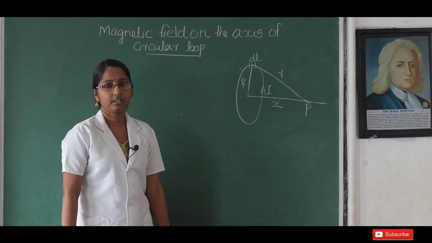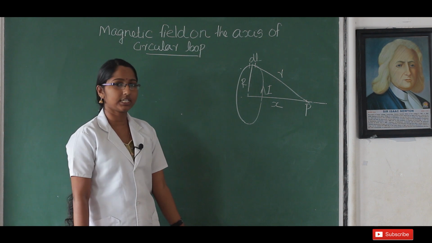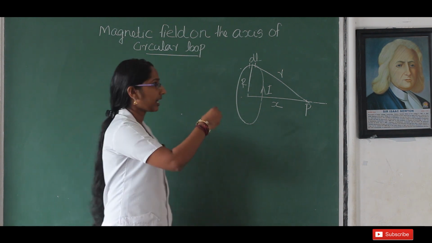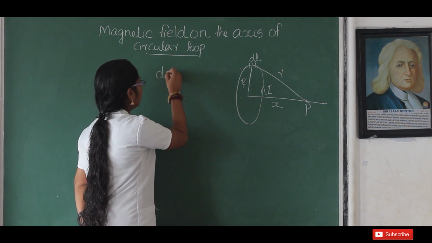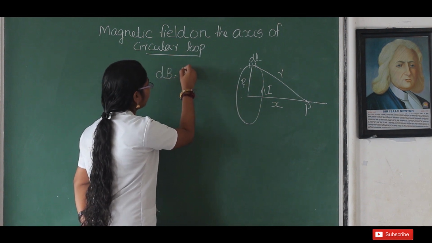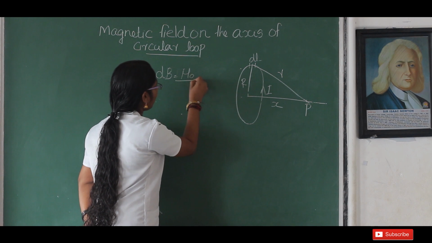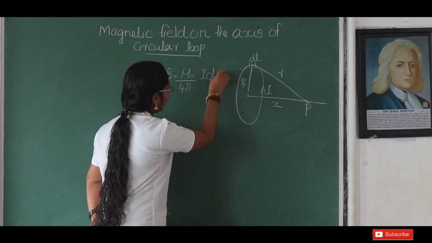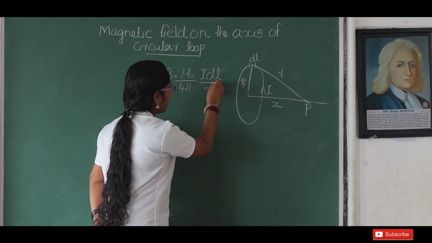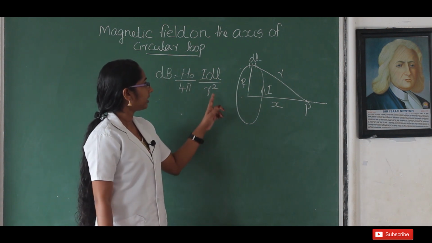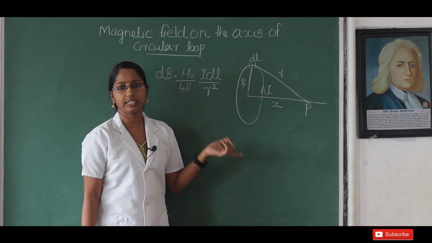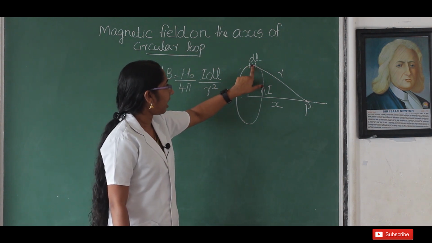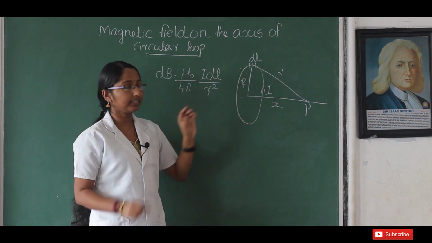Then using the Biot-Savart law, the magnetic field we can write as dB equal to mu 0 by 4 pi I dl divided by r square. Here I don't write this sin theta because here dl and r are perpendicular at that point.